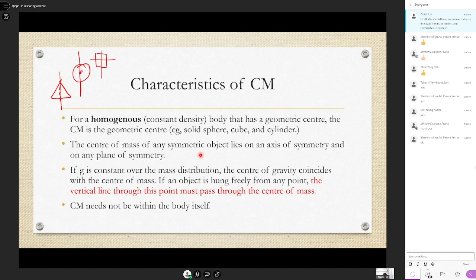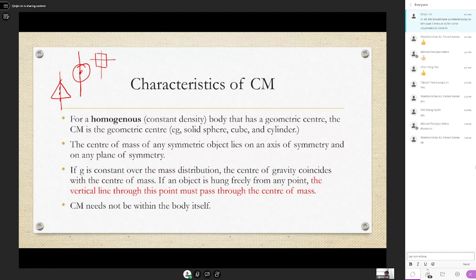It's all 9.8. That's why the CG will be the CM. CG is center of gravity, CM is center of mass. So if they are the same and you hang something, gravity will act. If an object is hung freely from any point, the vertical line must pass through the center of mass.